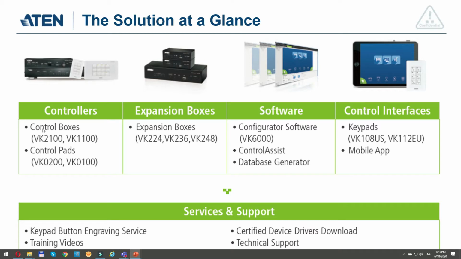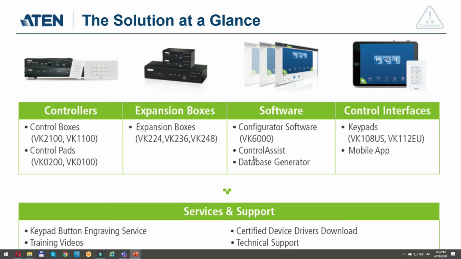If the ports that are provided by default on each of our controllers are not enough, then you need to acquire expansion boxes. Also, we will have a configurator software. This is free. You can download it even now from the Aten site, and you can play with it. We also have 2 more programs.